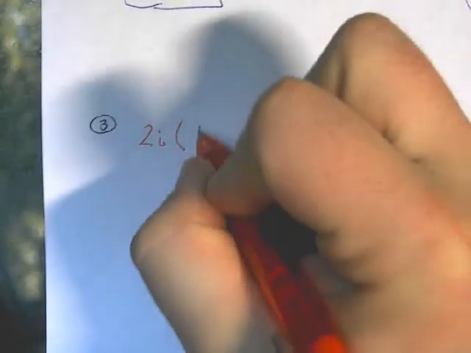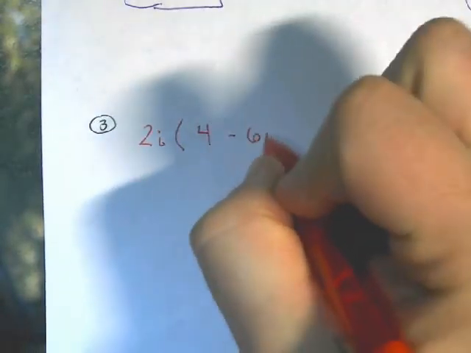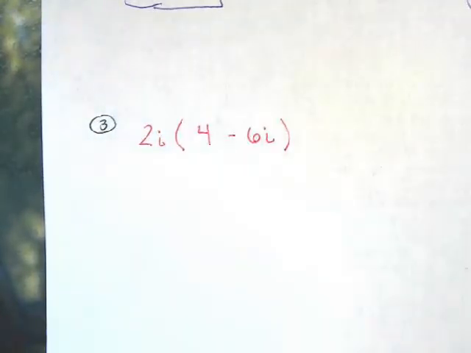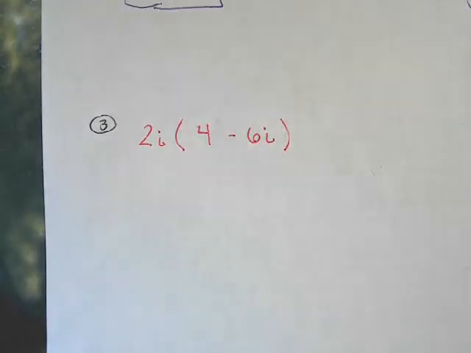Okay. Let's look at an example with some multiplication. So if I have something along these lines, I can take the 2i and distribute it.